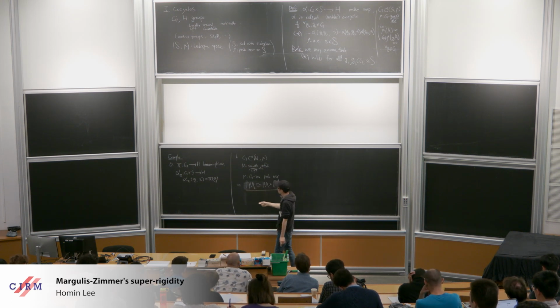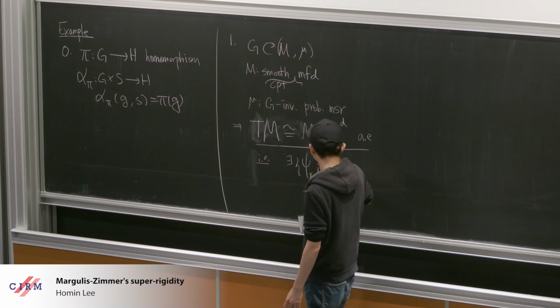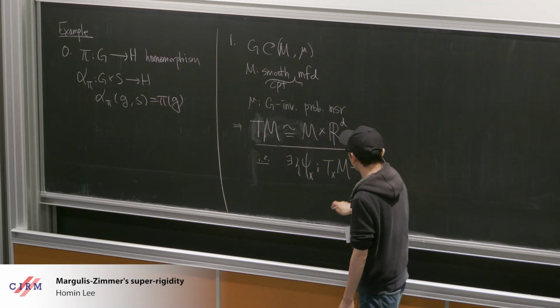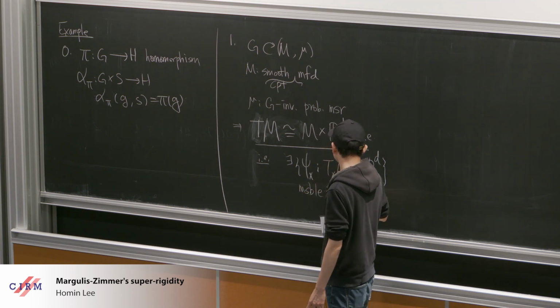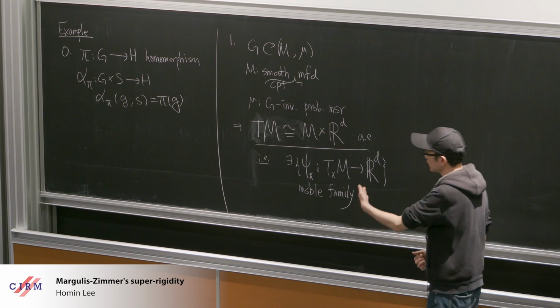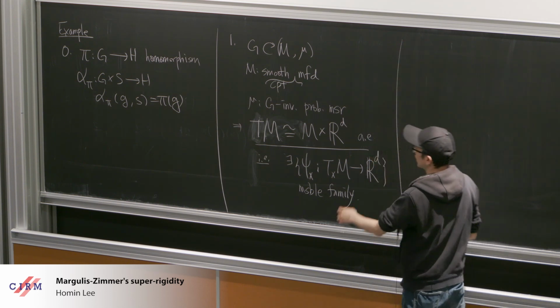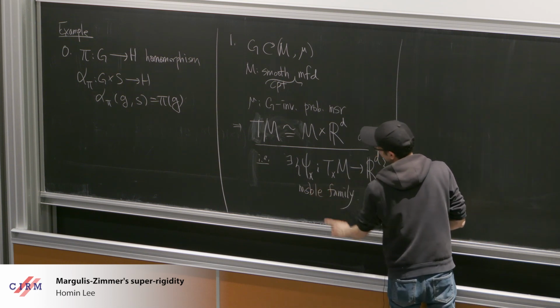I want to say that there exists a measurable family of the frame. So I want to identify the tangent space and the R to the D. At each point I can do that, but I want to do it measurably.